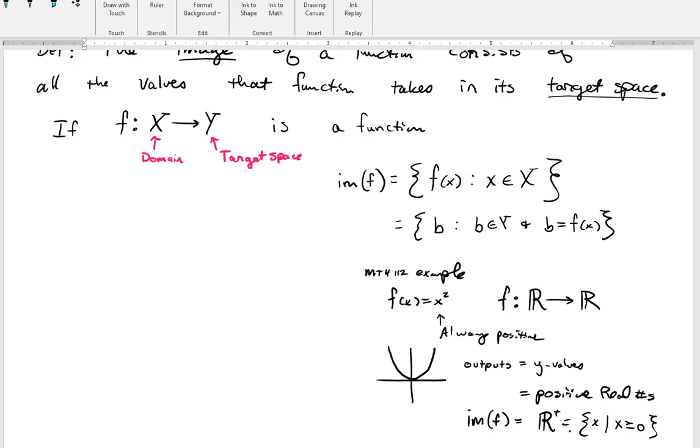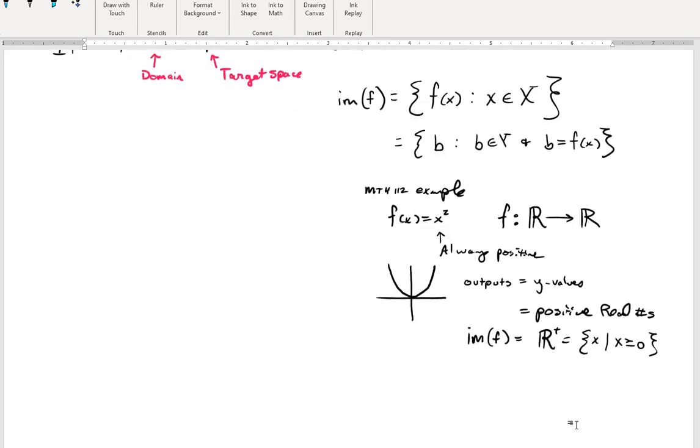We could write it in interval notation and say 0 to infinity. Whatever. I probably should have used a y instead of an x right there. I wasn't thinking in terms of x's and y's. I was just thinking in terms of the set of things such that things are bigger than or equal to 0. That's image.